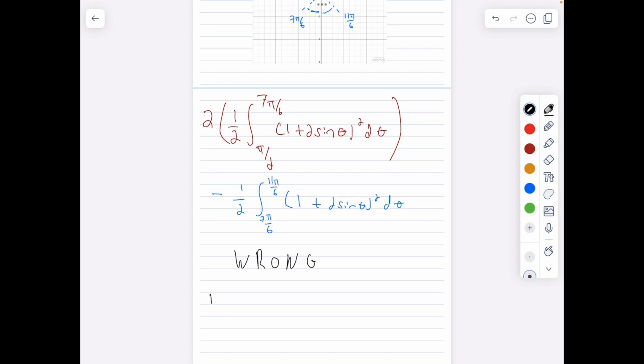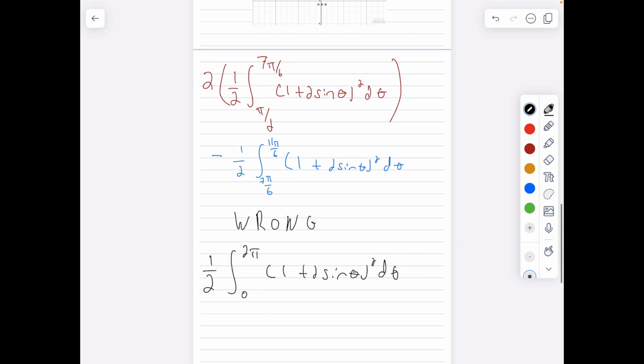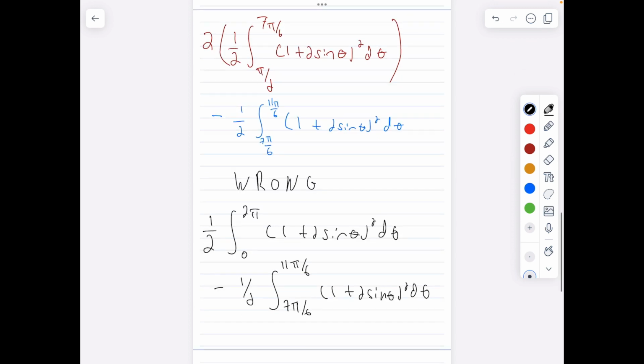This is like saying the area for that outer loop is equal to the integral from 0 to 2 pi of 1/2 (1 plus 2 sine theta) squared d theta minus 1/2 that inner loop, from 11 pi over 6 to 7 pi over 6. They'll often say something along those lines. Now, the reason that is incorrect is because you're adding more area. We're, quote unquote, double counting.